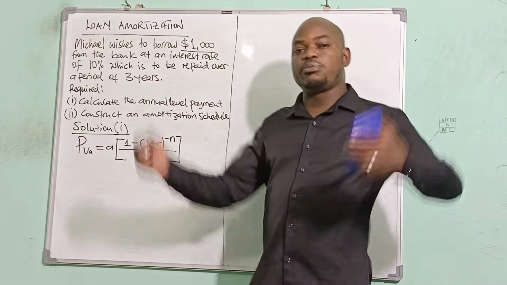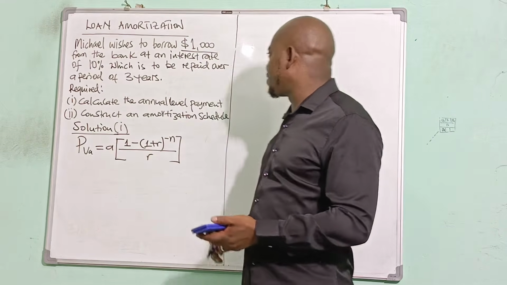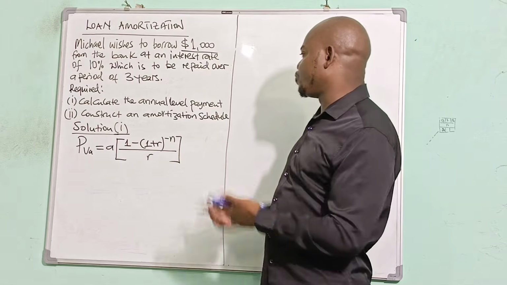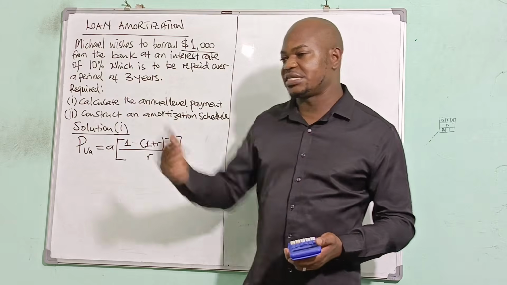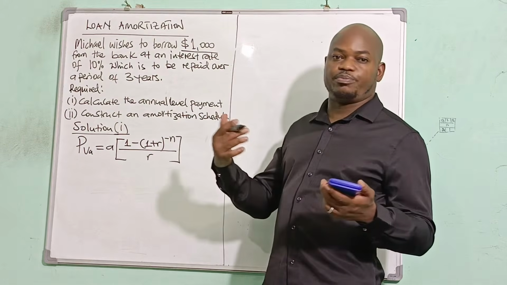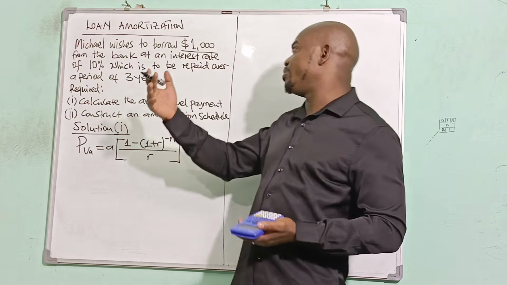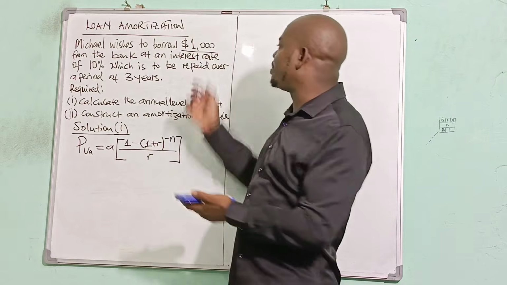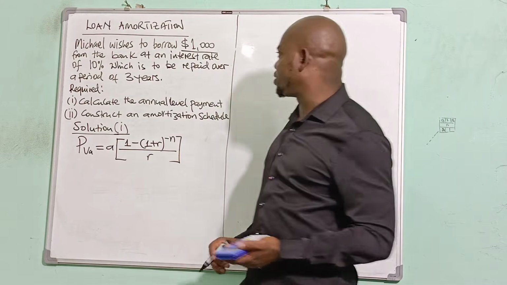Because we are borrowing now and then we start making payments after borrowing. There is also a future value annuity. That's not my interest, where we start making savings now in preparation for retirement, meaning the bigger amount is expected to be received in the future, but here the big amount is expected to be received now. So we are dealing with present value annuity.